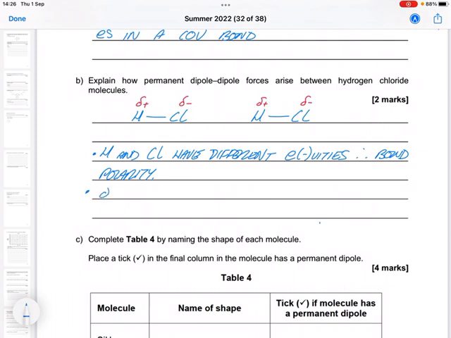So the δ minus of one molecule is attracted to the δ plus in another molecule.